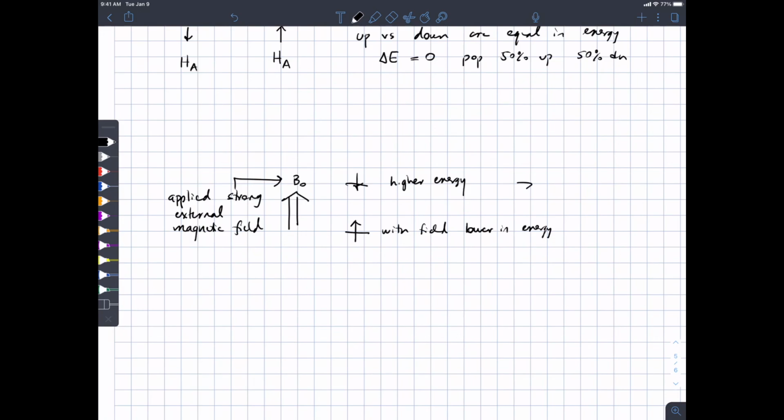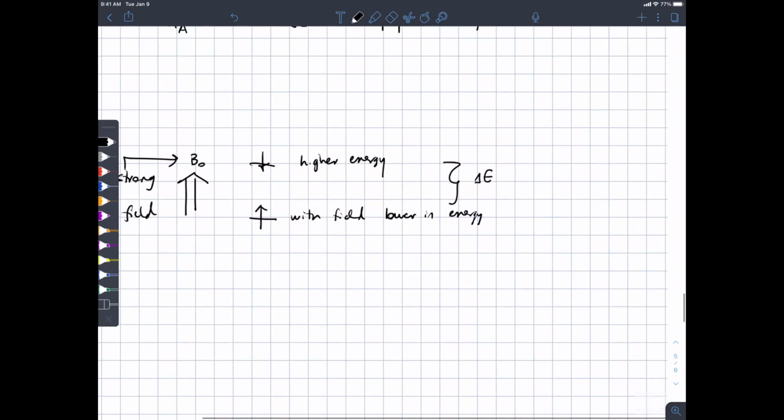If there's a difference in energy here, that means that there should be a difference in population, right? It's just an equilibrium constant. If it's lower in energy to be aligned with the external field than be aligned against the field, you would expect that more of the protons should be with the field than against the field.